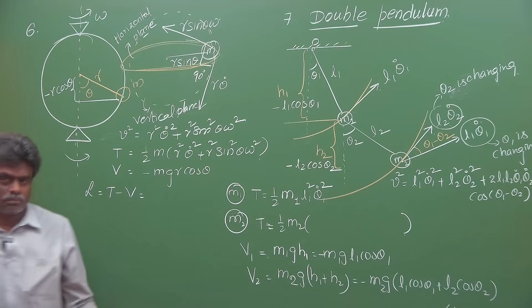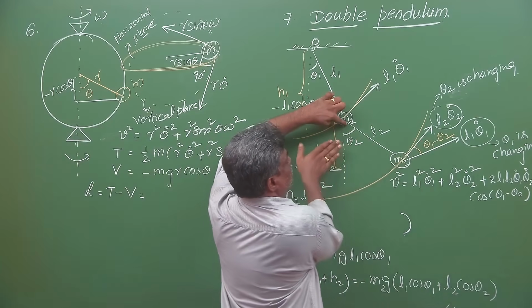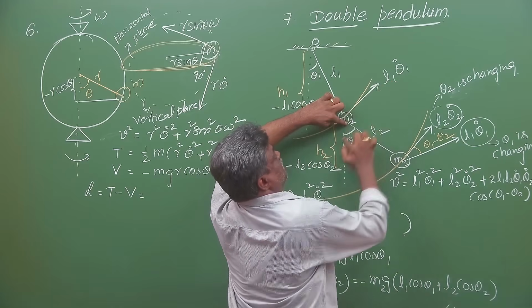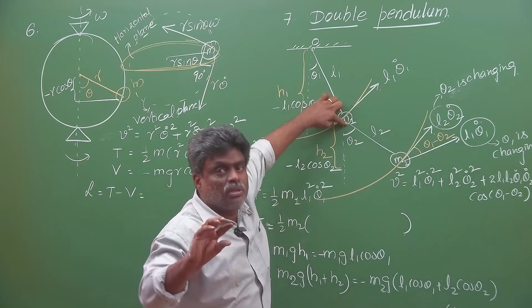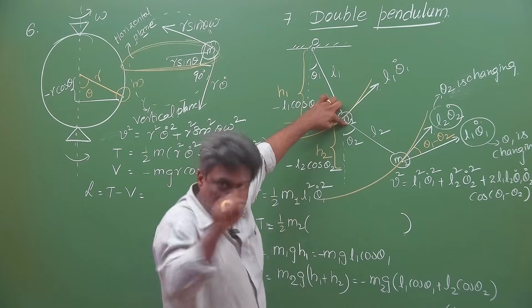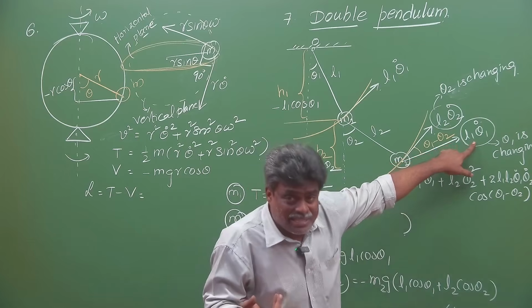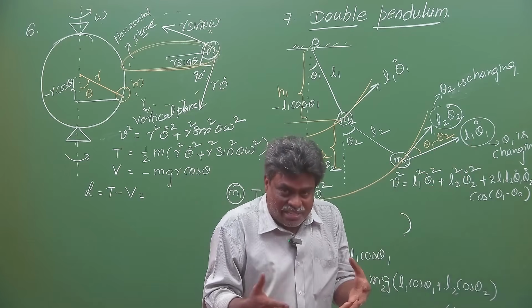Theta? Theta 2 is changing like this because this is the theta, increasing theta 2. Theta 2 is increasing in this direction, this much increase. L2 theta 2 dot means theta 2 changes, that's why you got theta 2. L1 theta 1 dot means what changes? Theta 1 changes. What is the difference between both the changes?